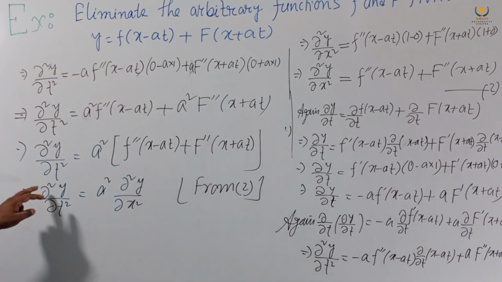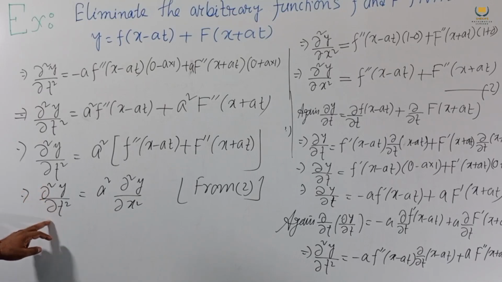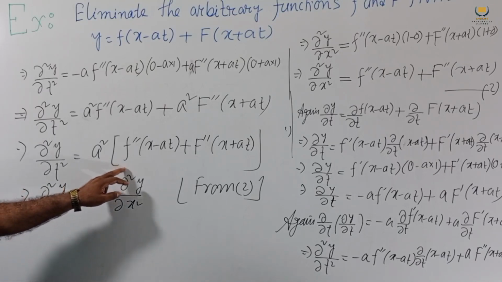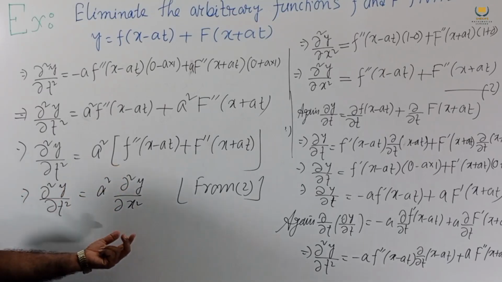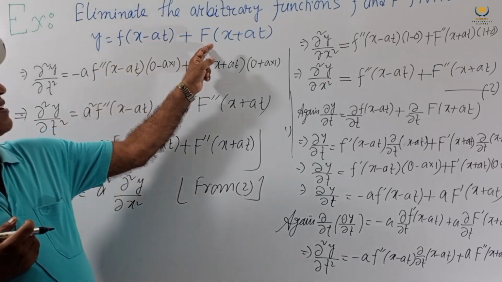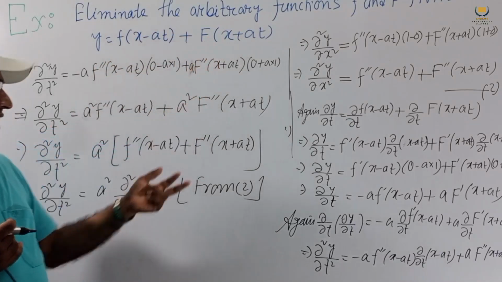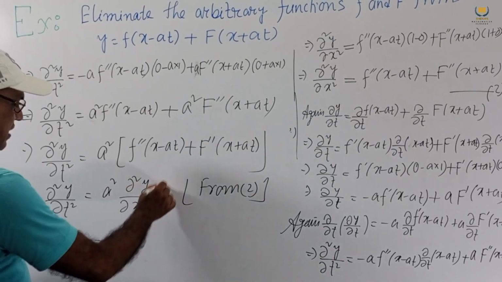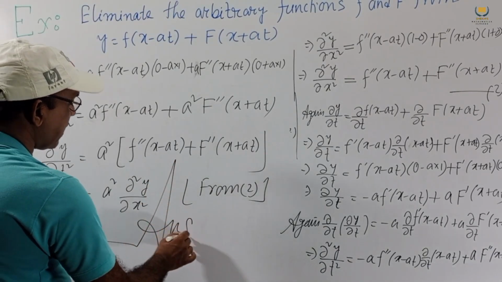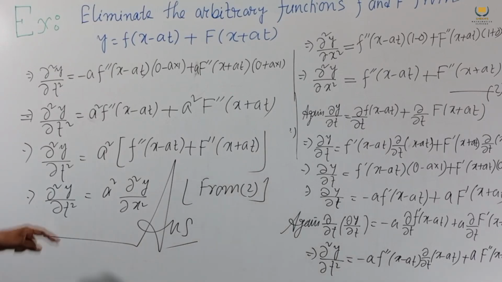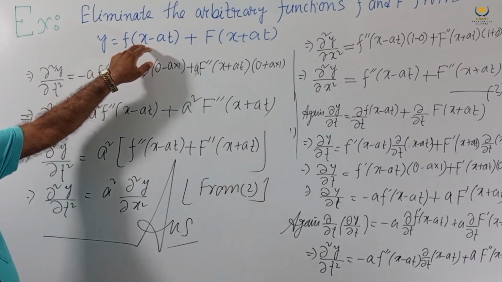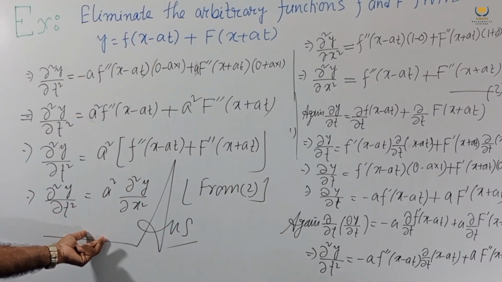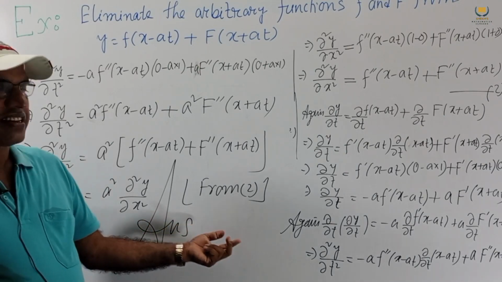So what we get is ∂²y/∂t² = a² ∂²y/∂x², and here both f and capital F are absent. We get a relation. This is the required solution of the given equation, the required equation. From the given relation we get this required equation, and this is the final answer.